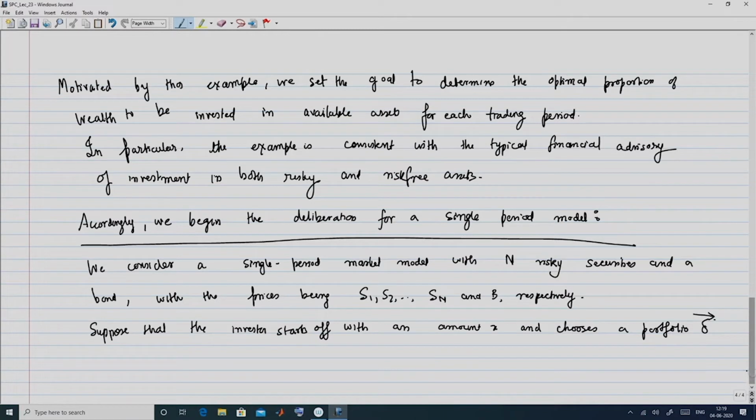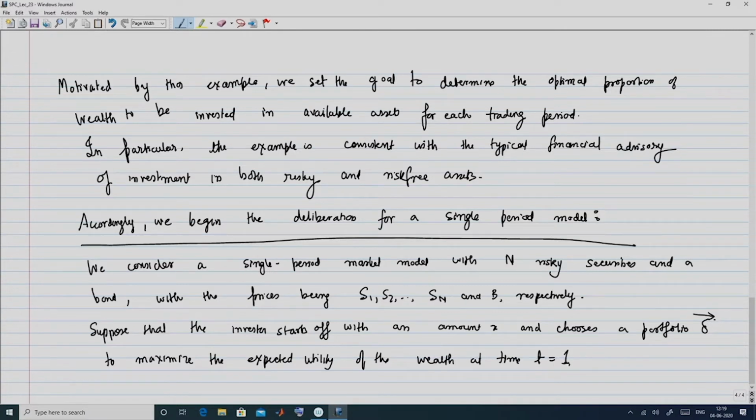Remember, the delta vector comprises delta naught, delta 1 all the way to delta n, to maximize the expected utility of the wealth at time t equal to 1.